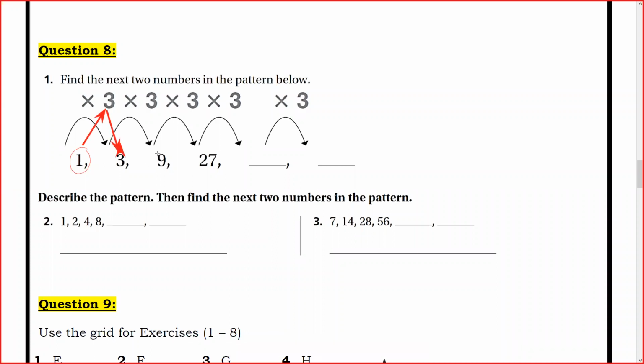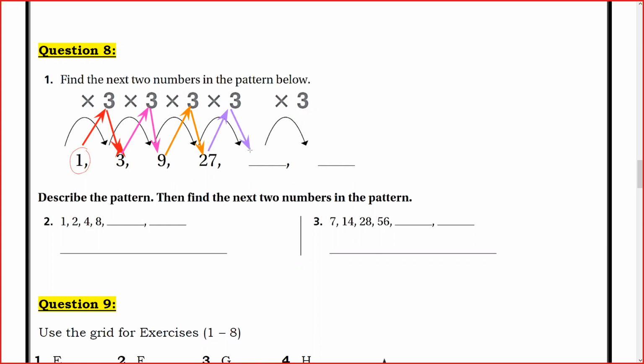Then when I multiply 3 by 3, what did I get? I get 9. Then, when I multiply 9 by 3, what do I get? I get 27. And now, when I multiply 27 by 3, what do you get? 81.